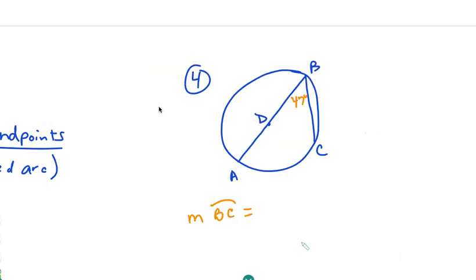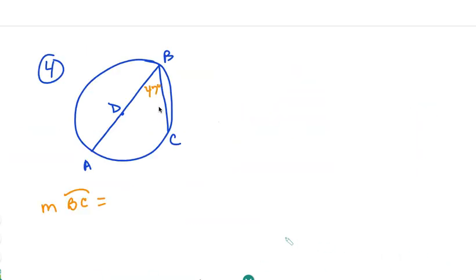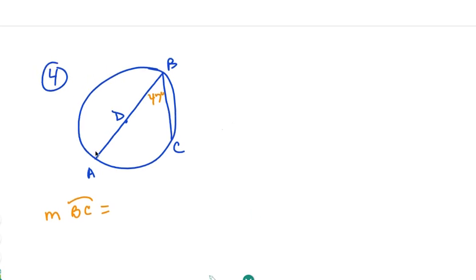All right, so let's see what we can find here. So first of all, I'm working with, one of the chords is the diameter. So that means this is 180 degrees from A to B. If I have 47 is the inscribed angle, then I'm going to double that to find the arc.